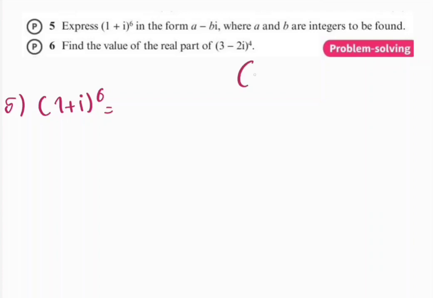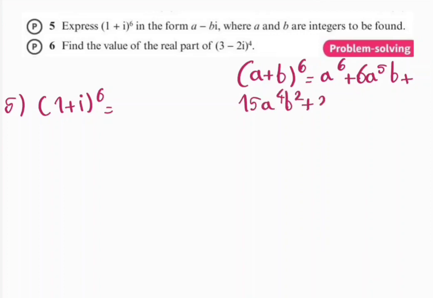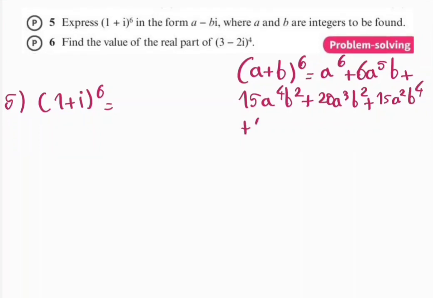We have a form (a + b)^6, and in this case we have a^6 + 6a^5 b + 15a^4 b^2 + 20a^3 b^3 + 15a^2 b^4 + 6a b^5 + b^6.